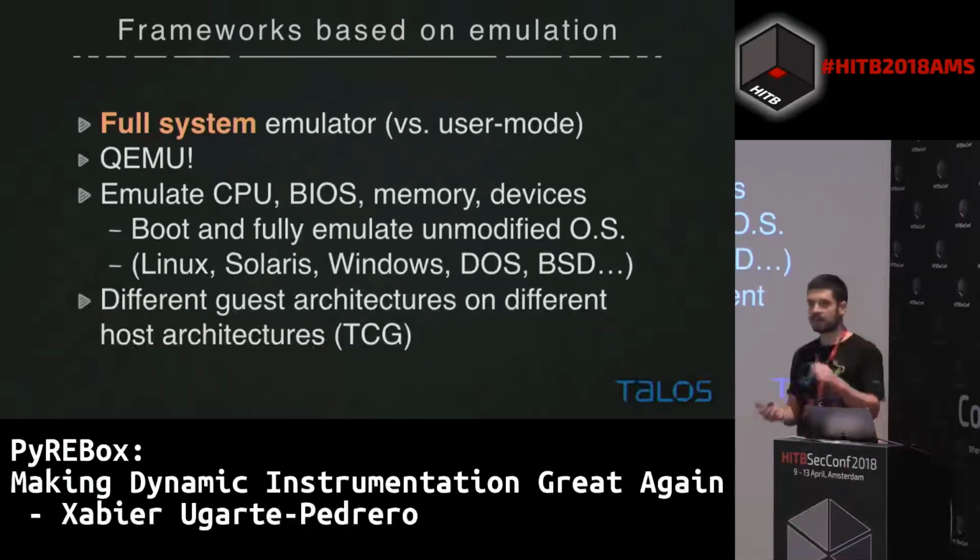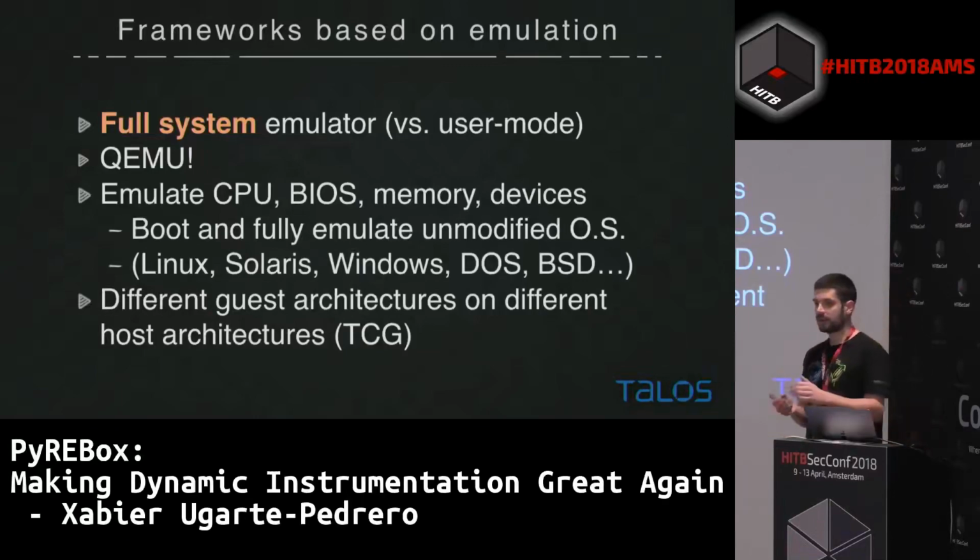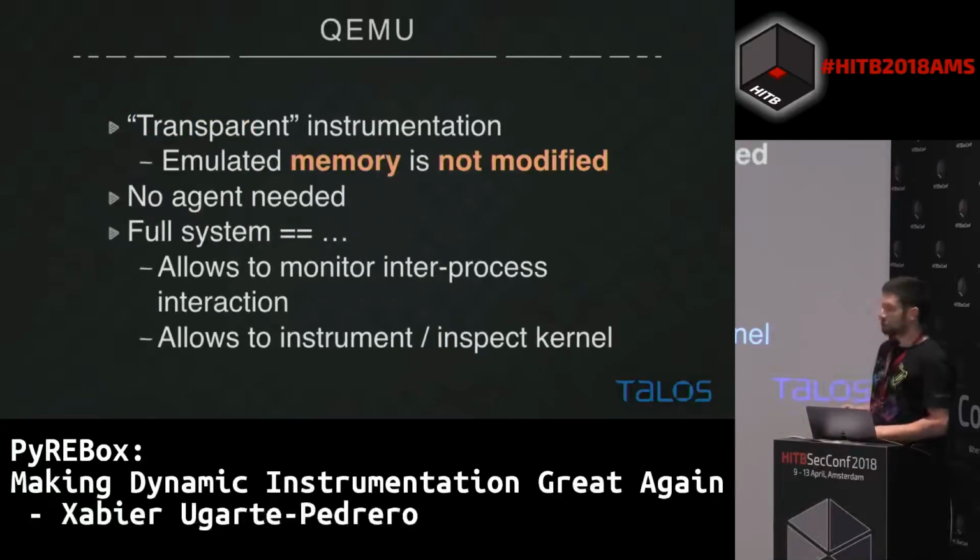This means that we can emulate an ARM operating system over an x86 operating system because it has a component, the tiny code generator, designed as a just-in-time compiler that will disassemble the ARM or MIPS or whatever snippet of assembly code, transform it into some intermediate language, and then this intermediate language gets compiled to the host architecture.